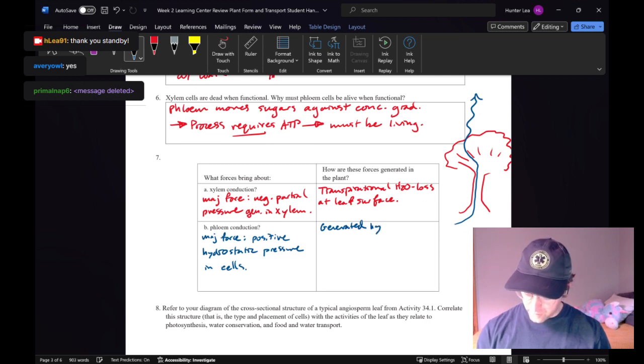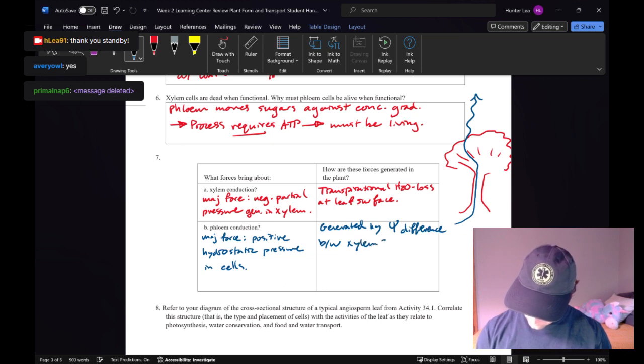Hydrostatic pressure in cells is generated by the water potential difference between xylem and phloem.